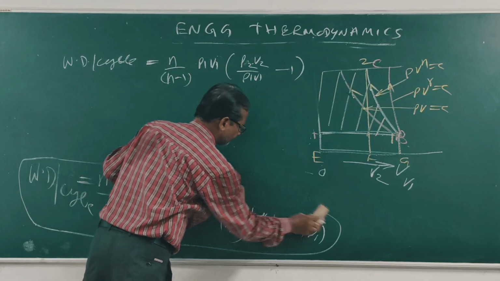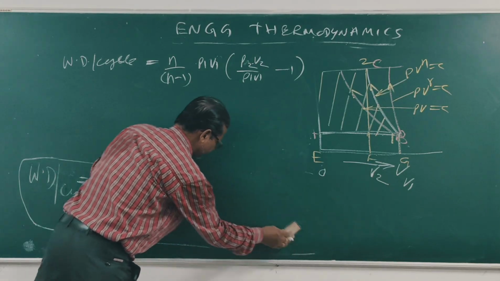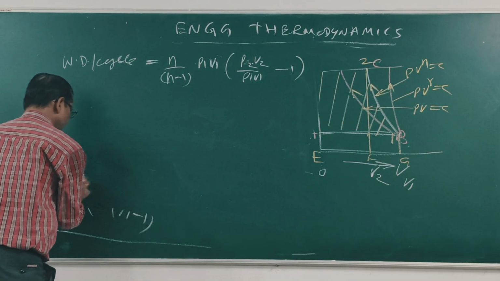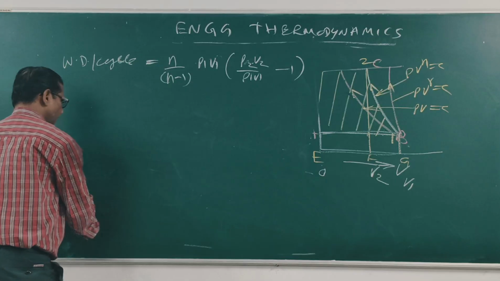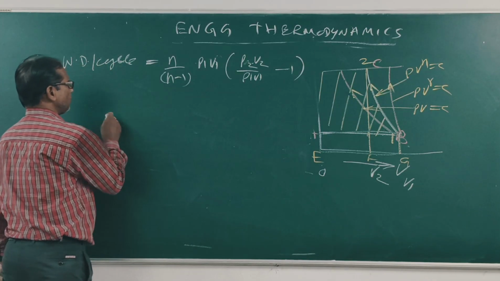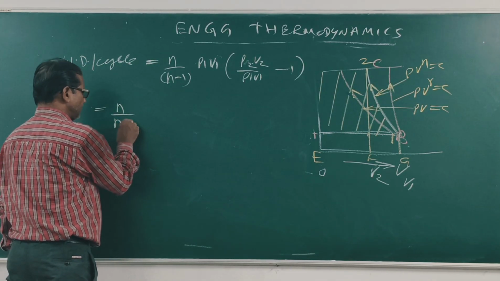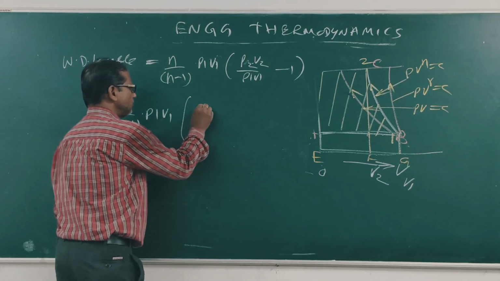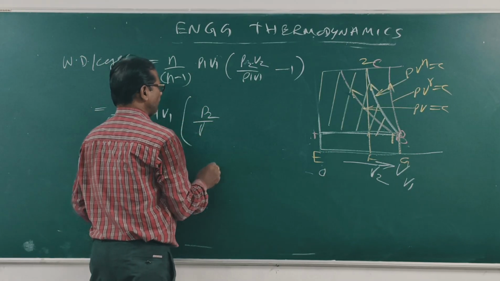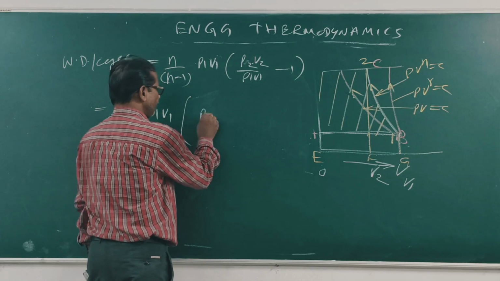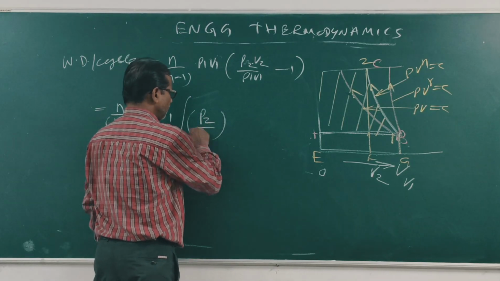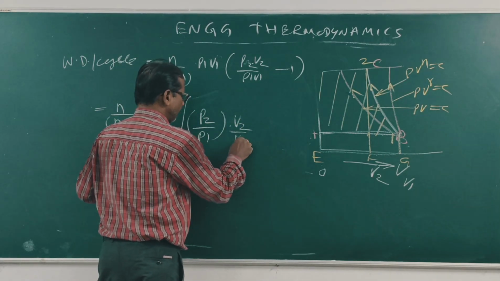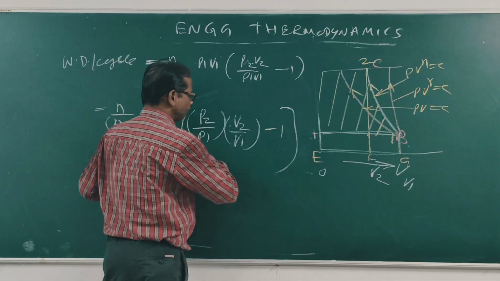Right? So this is equal to n by n minus 1 into P1 V1 into P2 by P1 into V2 by V1 minus 1.